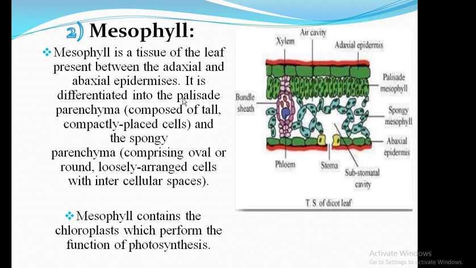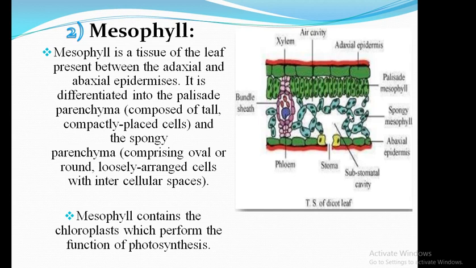It is differentiated into the palisade parenchyma, composed of a tall, compact layer of cells just below the epidermis, and the spongy parenchyma, comprising oval or rounded, loosely arranged cells with large intercellular spaces.